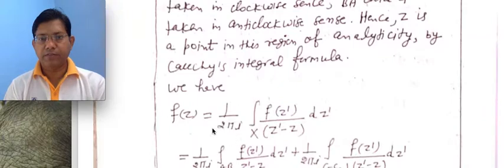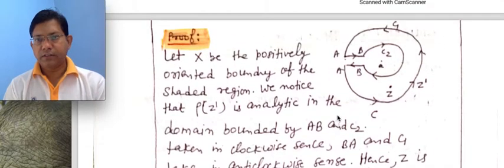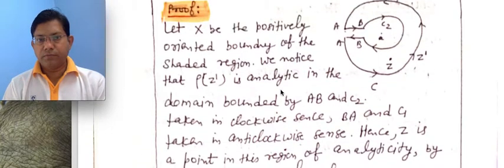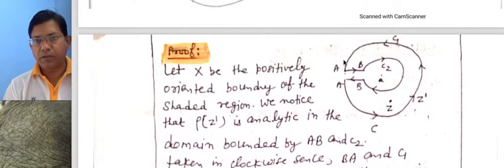we have f(z) equal to 1 upon 2πi integral over the path x f(z') upon (z' - z) dz'. You can understand here f(z') is analytic in the domain bounded by AB and C2, and then the boundary BA and C1 in anticlockwise sense. z is any point.